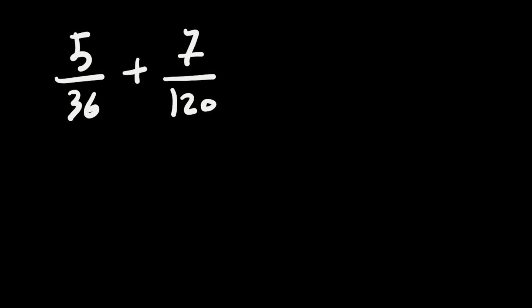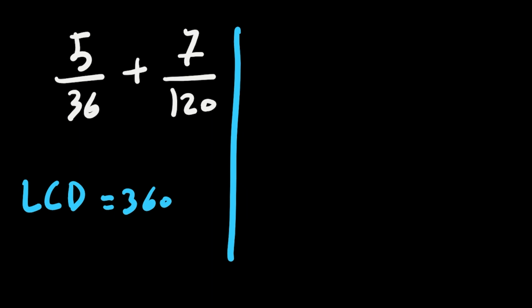You can notice here that the denominators are not common, so we have to find the LCD, and from the previous work we found the LCD for 36 and 120 equals 360. So things are simple now.